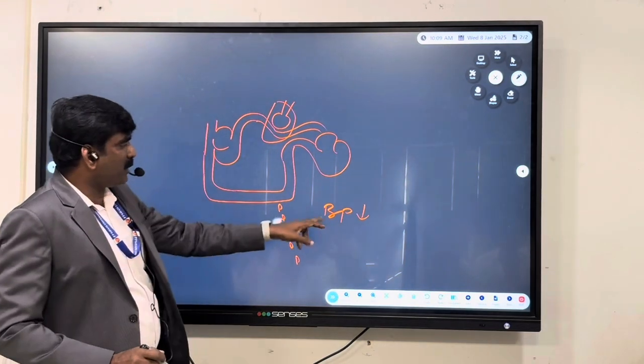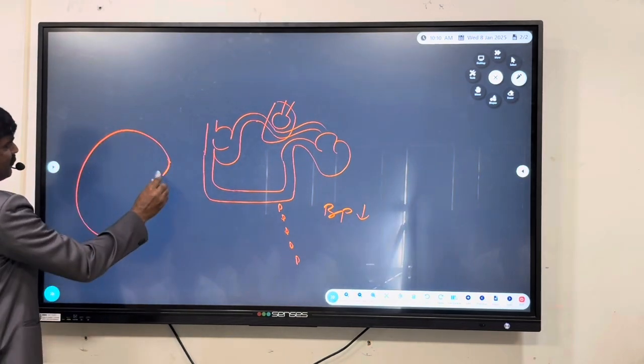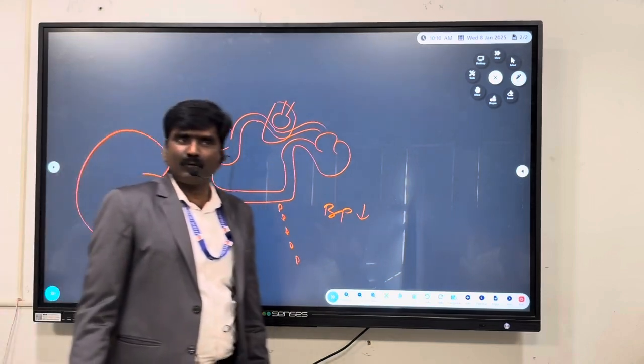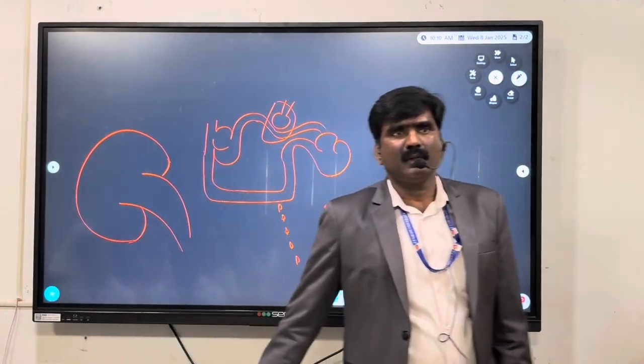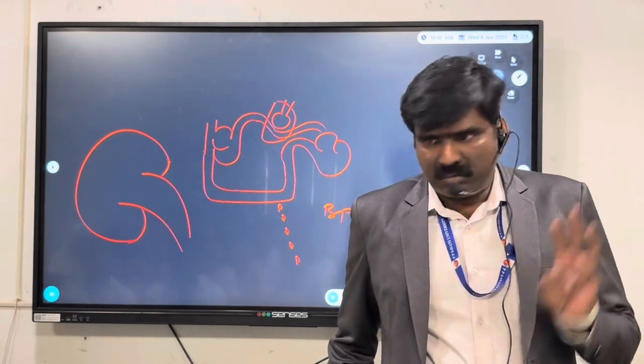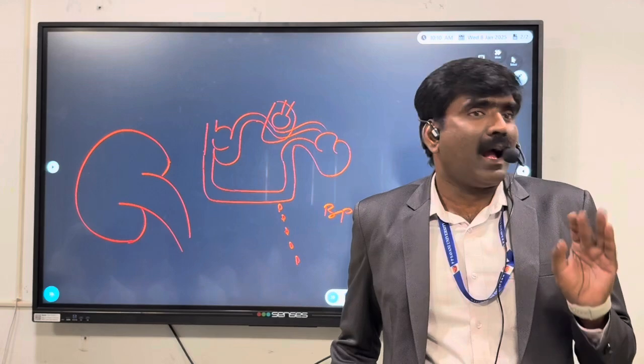Okay. So if BP is low, I have told yesterday itself, a few organs are involved in the long-term regulation. What are the organs I have mentioned? Lung, liver, kidney, adrenal gland.